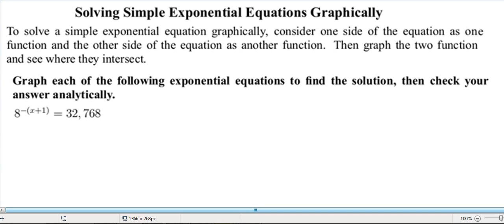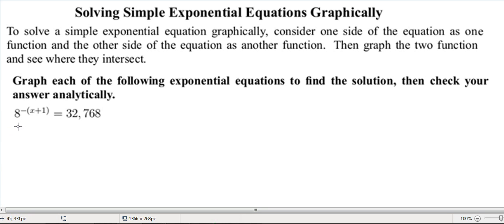This is going to be our third example of solving exponential equations using graphing, and we're going to find out that where the intersection happens is where our solution lies. The x value where our intersection happens is our solution for the problem.